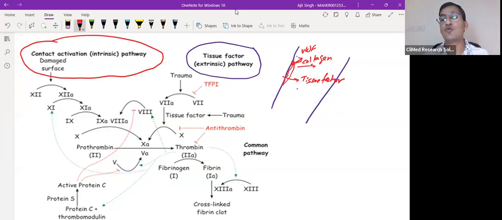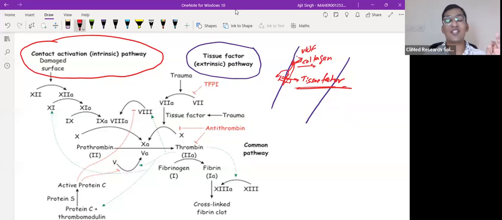Tissue factor is secreted from the endothelium at the injured site. So this tissue factor is coming from the injured site, and this is called the extrinsic pathway.